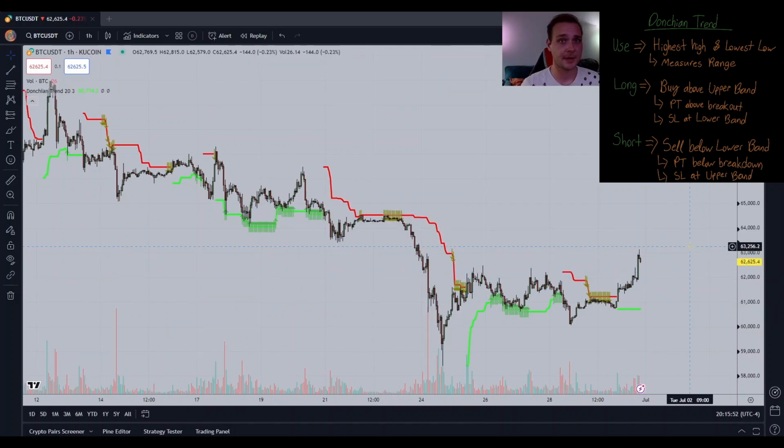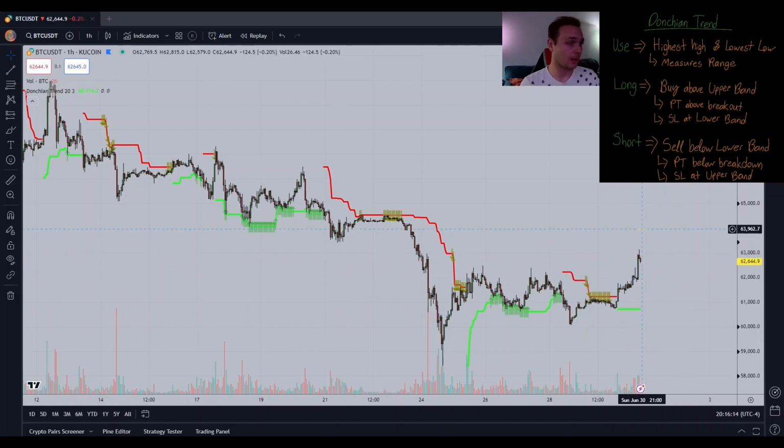Just to sum it up at a high level, we're going to be looking to go long when we break above this top red line, and our stop loss is going to be at or slightly below this green line. For the price targets, we can use other indicators to help identify that.